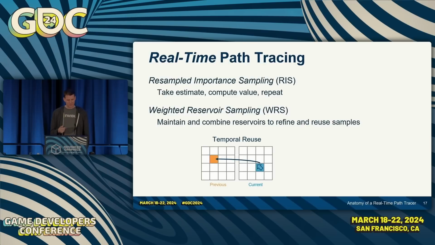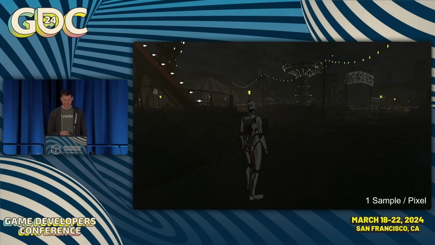So things like temporal and spatial sharing, where we merge reservoirs together, either from a previous point in time or from spatially other pixels on the screen. And at first glance, you may say, yeah, I get it, we've been doing this sort of reuse. But it still seems too good to be true. Can we really get all the samples that we need for a converged path-traced image by doing these things? And I think you will, and let me show you.